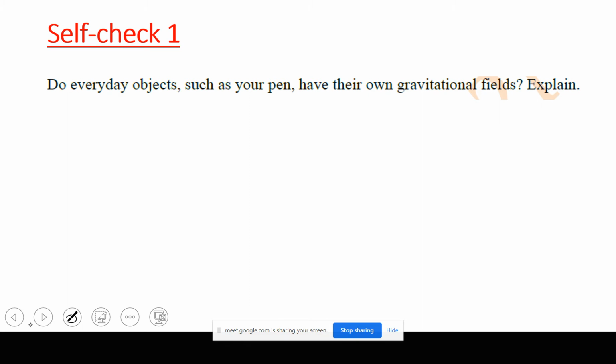There is always a region of space around a certain mass where a force can be experienced. Therefore, the pen and any other everyday object which has mass must have its own gravitational field. Any object which has mass has its own gravitational field. That was good of you, Cynthia.